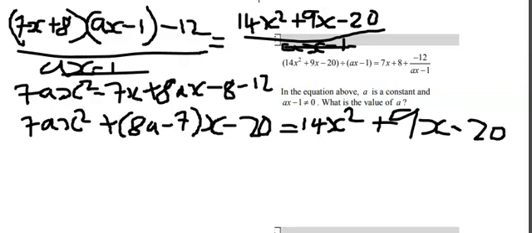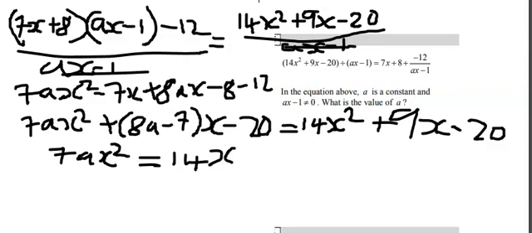We compare. You will compare your x squared to x squared on this side. So that is 7ax squared, which will be equal to 14x squared. By this comparison, you must equate powers to powers.